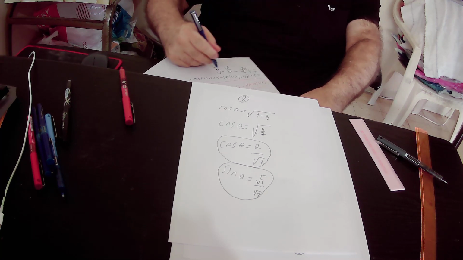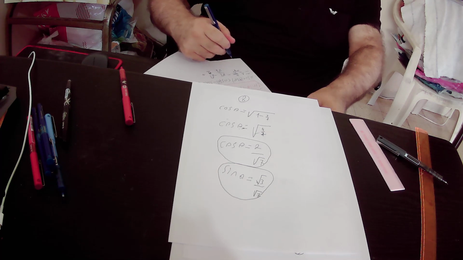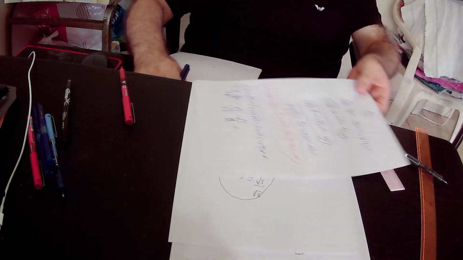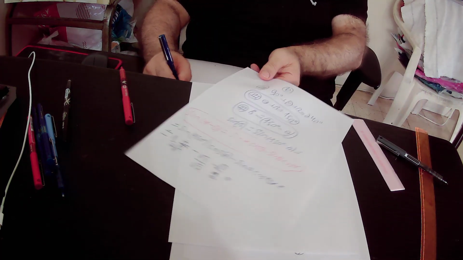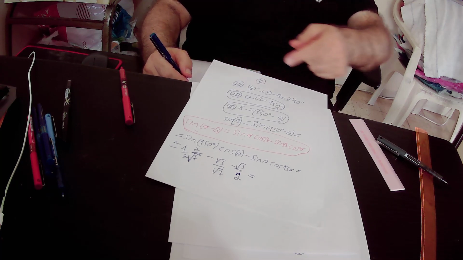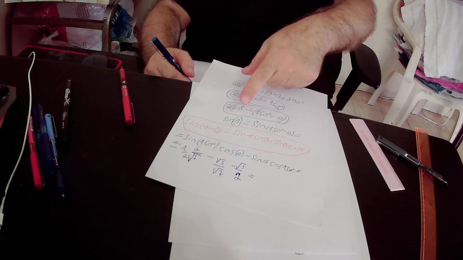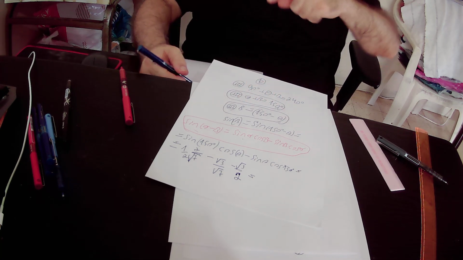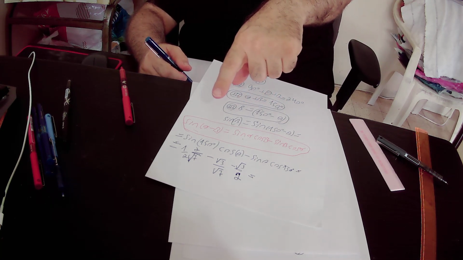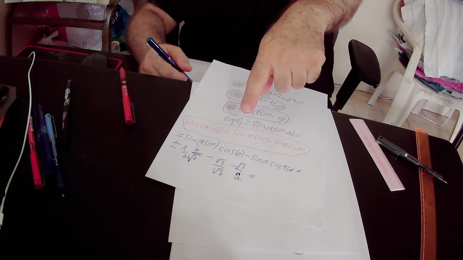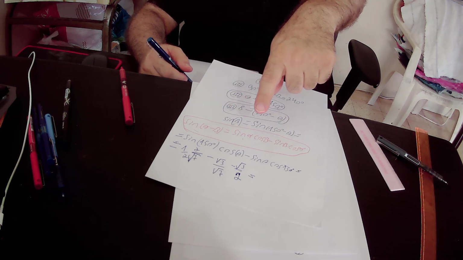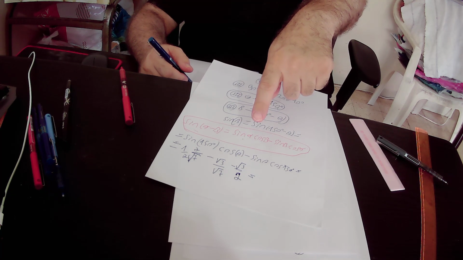So, in total, we got that sinus of 150 degrees minus theta, that equals sinus beta, equals 1 over 2 times 2 over root 7 minus root 3 over root 7 times minus root 3 over 2.